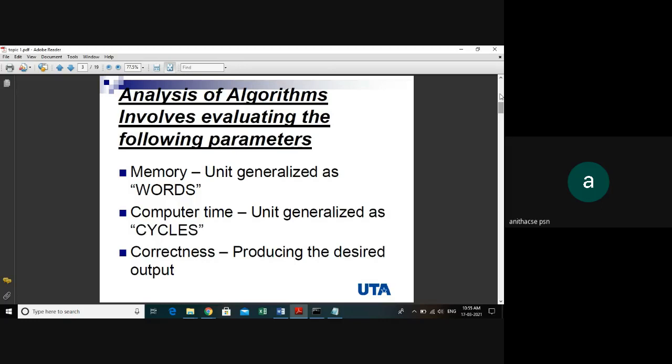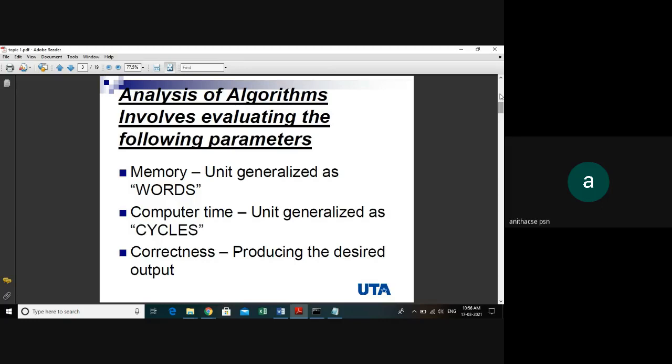If we use lots of memory space, it occupies a large number of memory spaces, and the processing time is also very high. So for that we have to provide a minimum space and a minimum time requirement. These two parameters are the main basic characteristics for the algorithm analysis part.